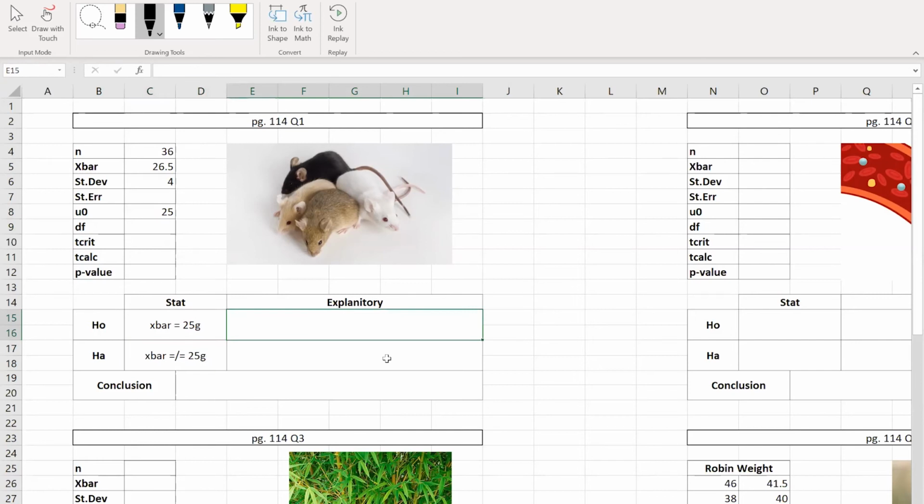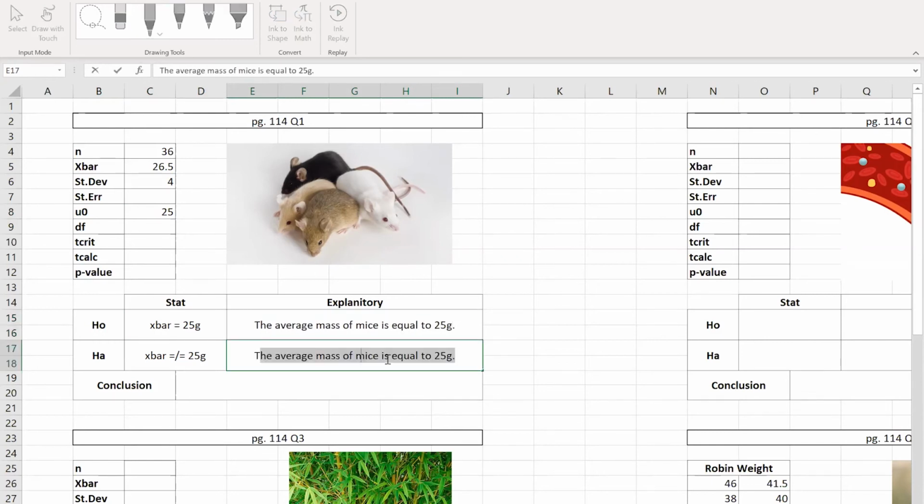Putting that into words, that'd be the average mass of mice is equal to 25 grams. The average mass of mice is not equal to 25 grams would be the alternative.